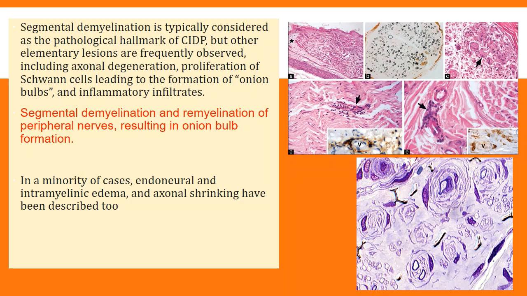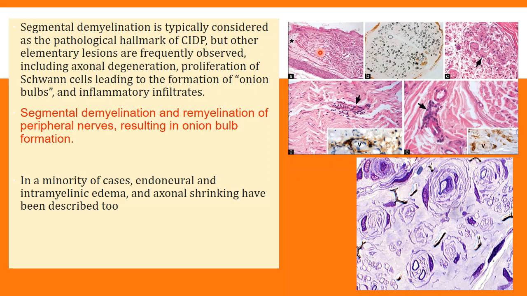Now, what is the diagnostic hallmark of it? The diagnostic hallmark is the segmental demyelination and remyelination of the peripheral nerve, which results in the characteristic onion bulb formation. Okay, so you see you have a lot of onion bulb formation here that can be made out. In addition, in a minority of the cases, there may be endoneurial and intramyelinic edema that you can make out here.